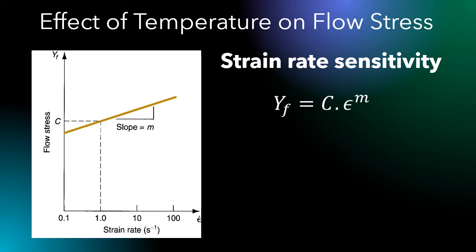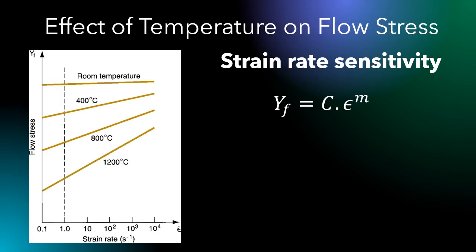Usually, the plots approximate a straight line on the log-log graph, leading to the relationship σf = C ε̇^m. C is the strength constant, which is similar but not equal to the strength coefficient in the flow curve equation, and m is the strain rate sensitivity exponent.